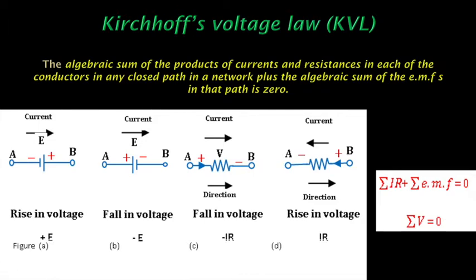To apply Kirchhoff's law in a circuit, it is important to define the sign convention of voltage in the voltage law. The stepwise method to determine the voltage signs is: imagine a closed loop path.